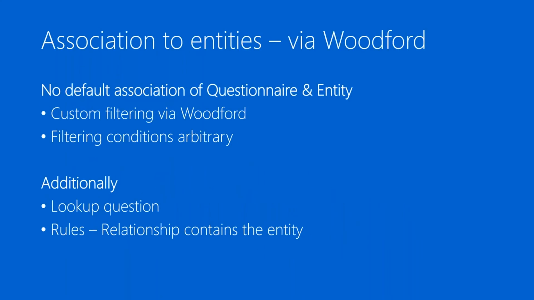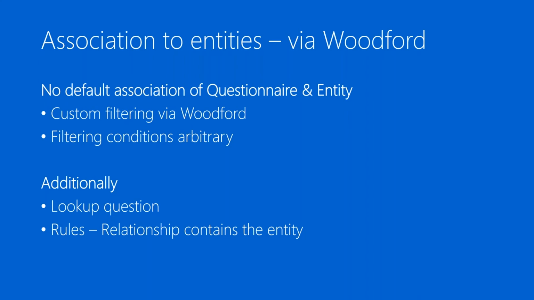What is important to understand is that Woodford is the tool where you do the association to entities. So what I mean by this is that by default, there is no association of questionnaire and entity. So if you have a questionnaire and you want to use it for your products, or if you have a questionnaire which you want to see on a specific set of appointments or work orders, that is not by default available in the questionnaire designer.